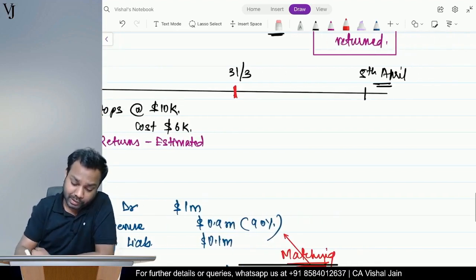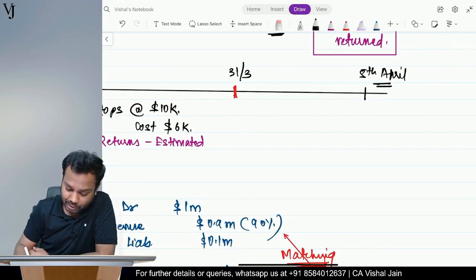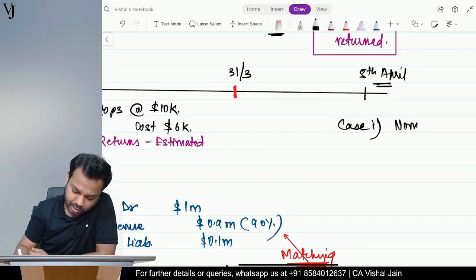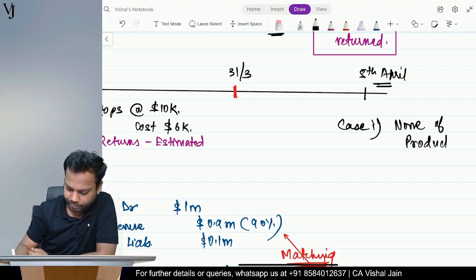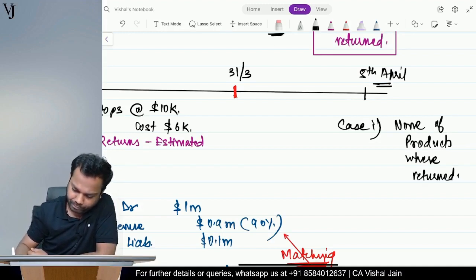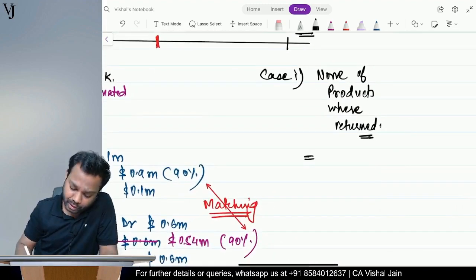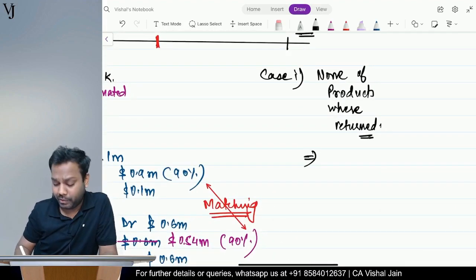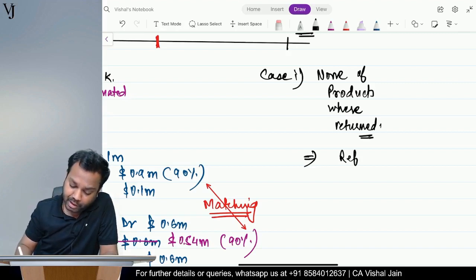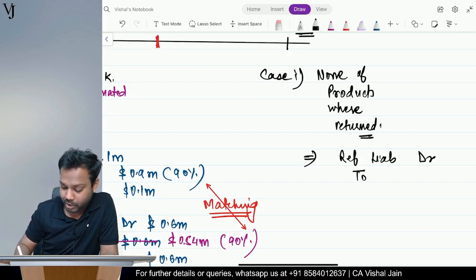We will reverse. In that case, case 1: none of the products were returned. Then we will just reverse the refund liability and recognize it as revenue.